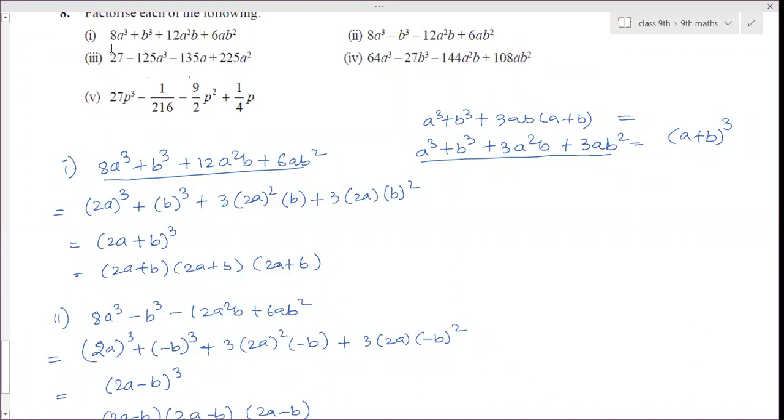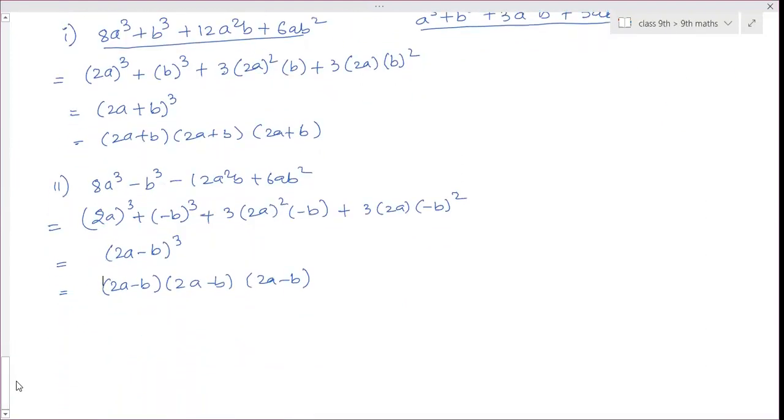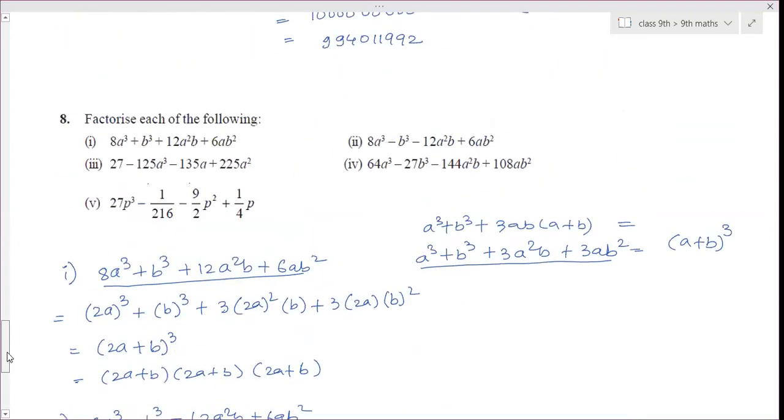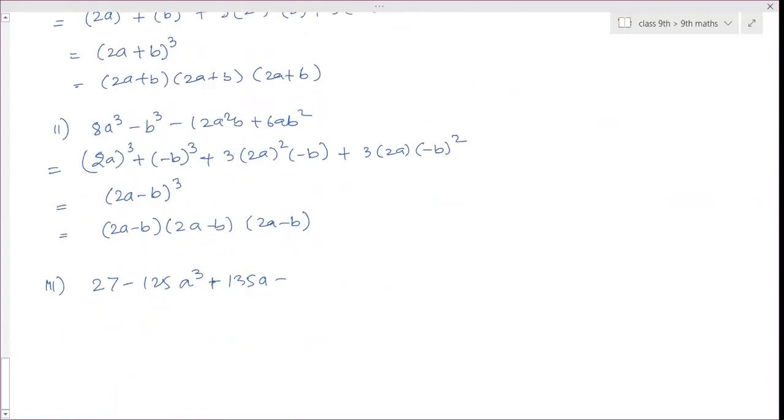3a square. A square is what? 27 is 3 cube, no? Yeah. So that means only variable will not be there. This is in the form of 3a square b. The third one is 27 minus 135a plus 225a square minus 125a cube.